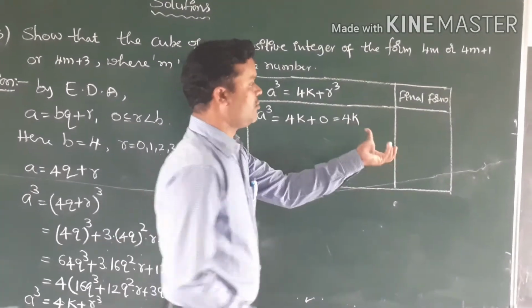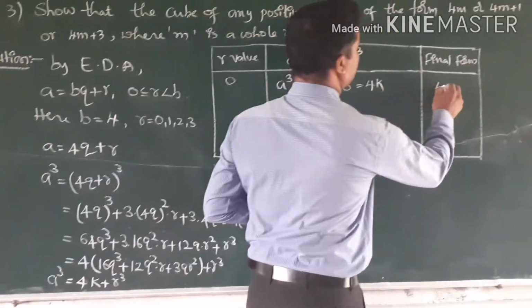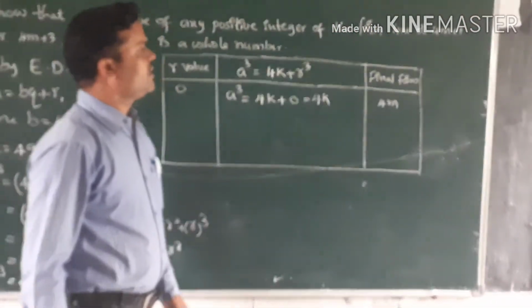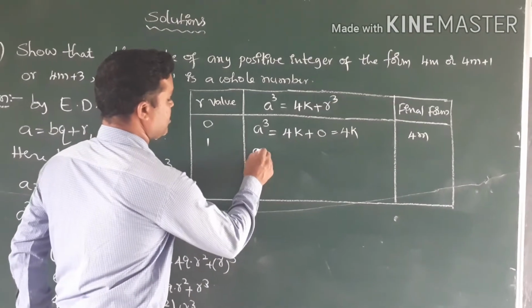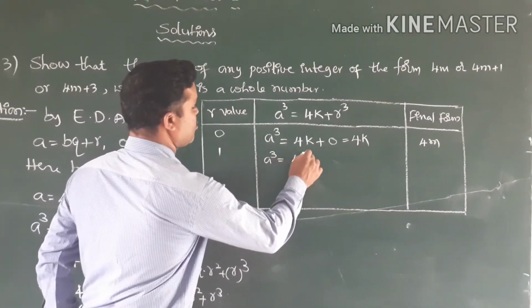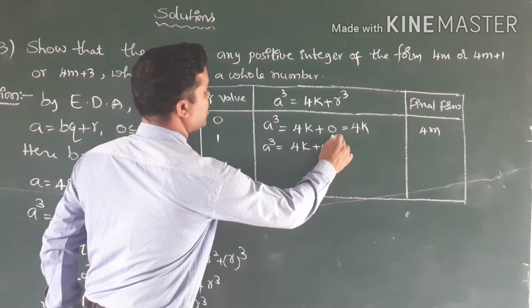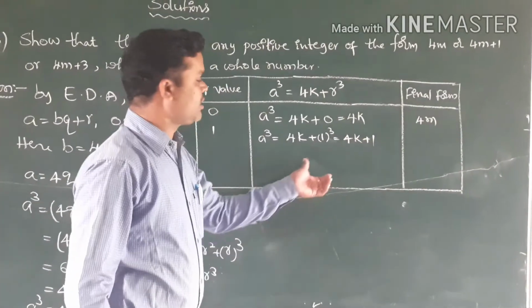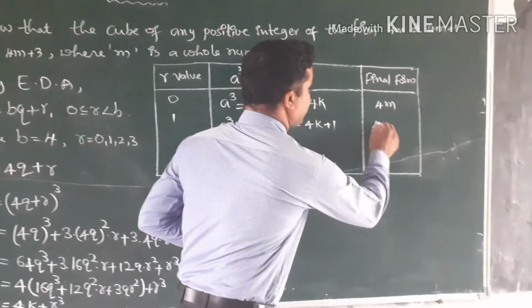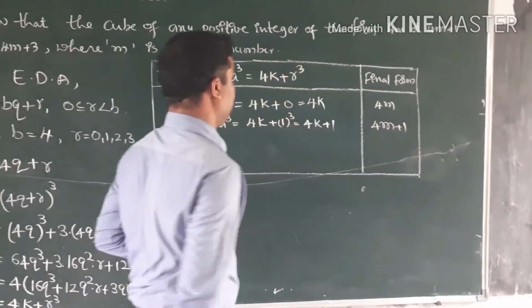So the general form or final form is 4m. Next, r is equal to 1, that is a cube is equal to 4k plus 1 cube, that is 4k plus 1, 1 cube is nothing but 1. That general form is 4m plus 1.